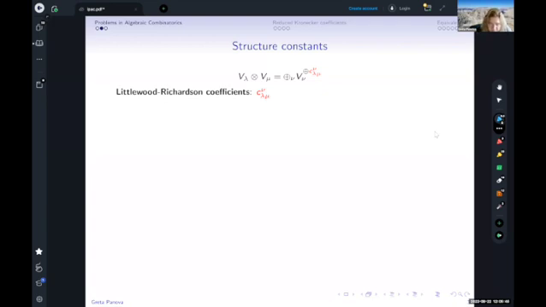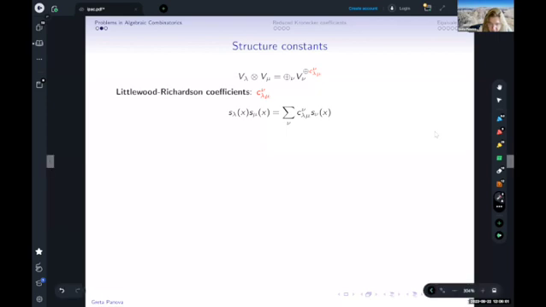This is the representation theoretic definition. From it, we get that these are non-negative integers because they are multiplicities. But we can also study them with characters. In this case, with the Schur functions, they are the structure constants for the ring of symmetric functions as indexed by the Schur functions.